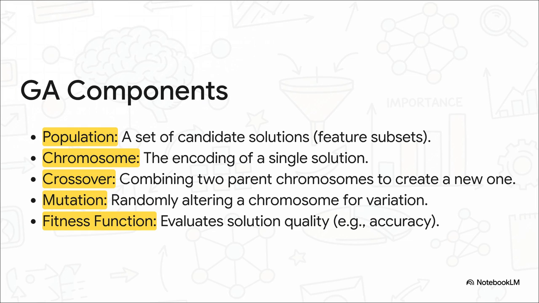Each feature set is a chromosome, and its fitness is just how well it performs. The best chromosomes get to reproduce through crossover, combining their strengths to create potentially even better offspring. And to keep things from getting stale, mutation introduces random changes, which ensures we're always exploring new possibilities. It's this fantastic combination of exploiting what works and exploring new ideas that makes it so powerful for avoiding those traps we just talked about.